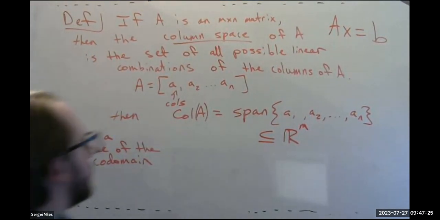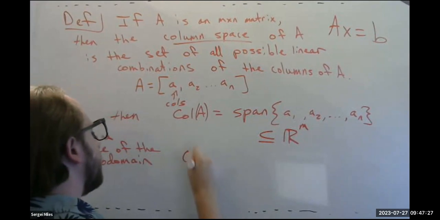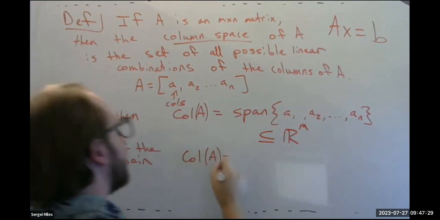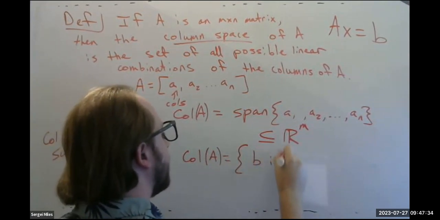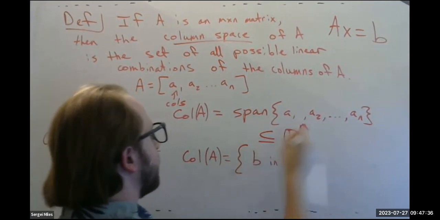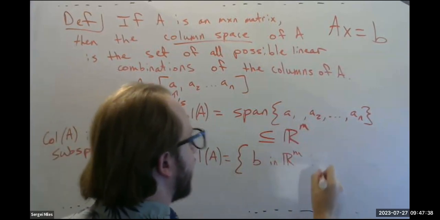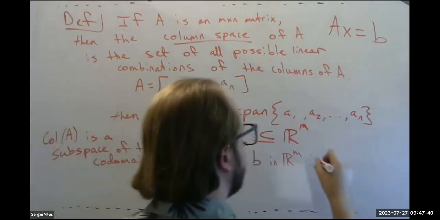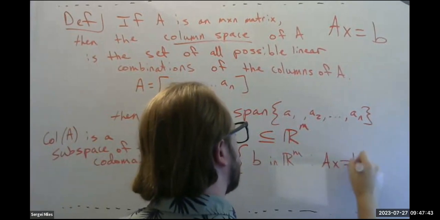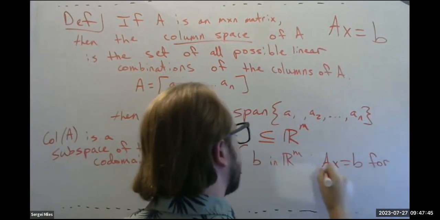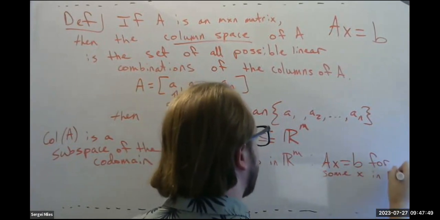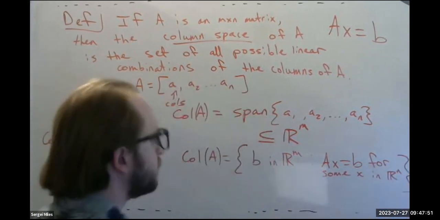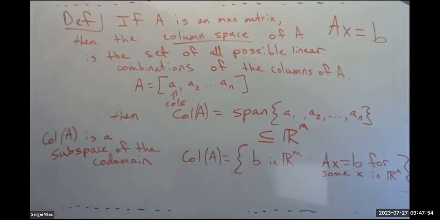So we can alternatively write the column space. It is equal to the set of any possible B in Rm, my codomain, such that AX equals B for some X in my domain, Rn. So this is saying it's the set of all possible outputs.